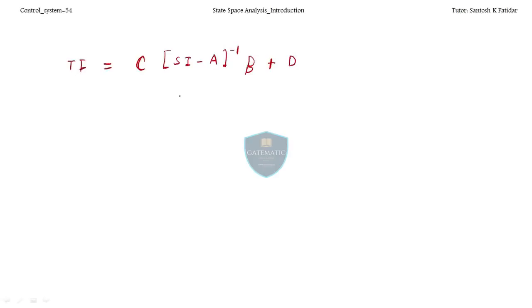In this transfer function, the denominator, if you open it, you will observe you are getting the determinant of sI minus A. If you equate this to 0, this gives you the characteristic equation. This is nothing but our characteristic equation. Very important thing: out of that 60%, 20% is based on the characteristic equation only.